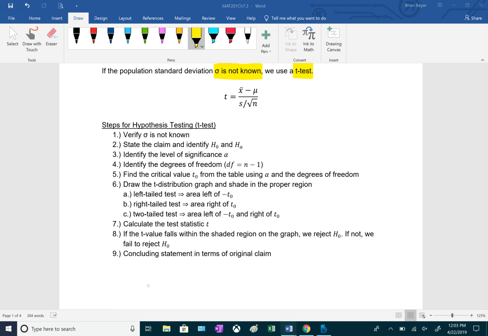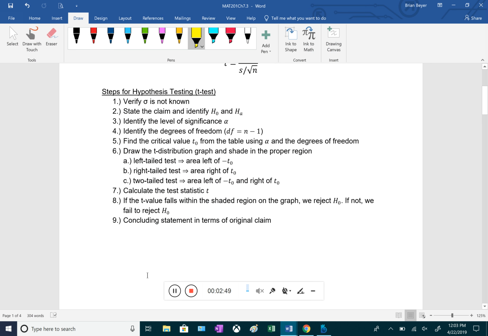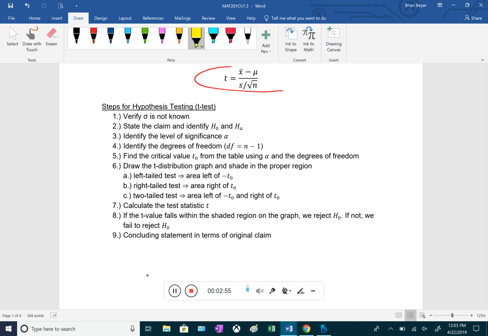Okay, back to the steps. The next step is to calculate the standardized test statistic, using the t-score up here. What we're essentially doing is comparing the t-value that we calculate to the t-value in the table. We go back up to the graph that we shaded in, and for step 8, if the t-value falls within the shaded region of the graph, we reject the null.